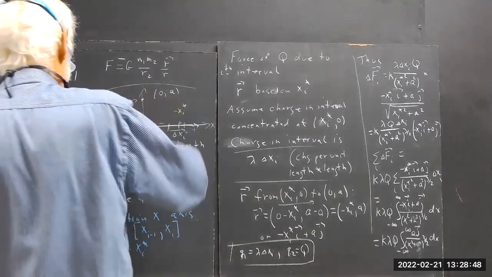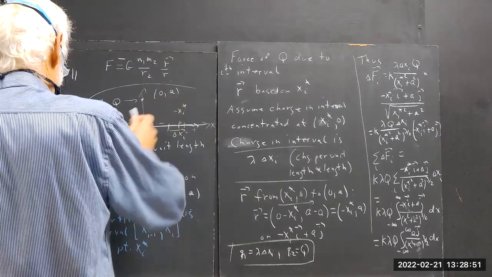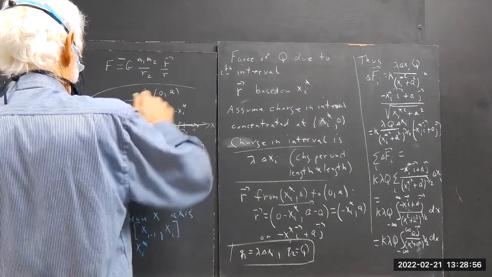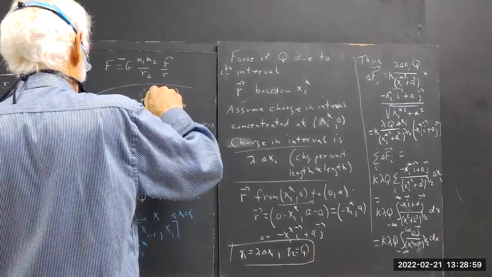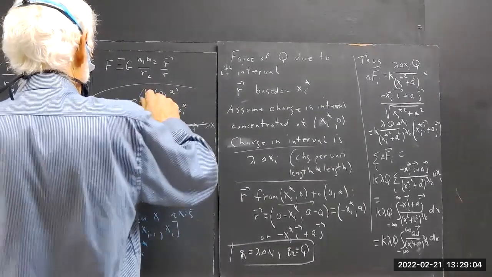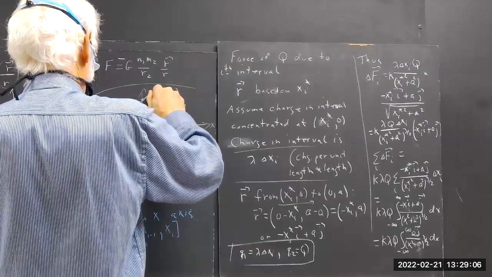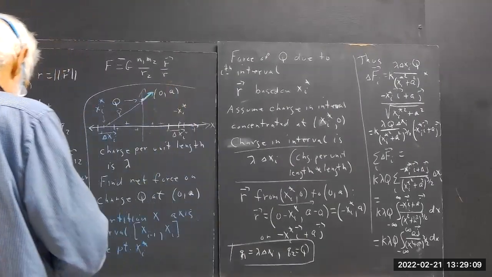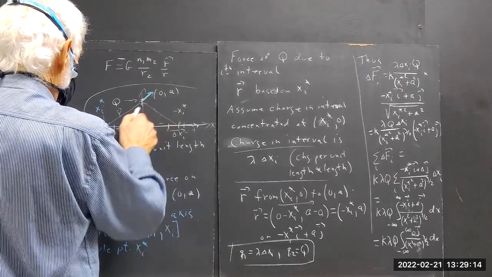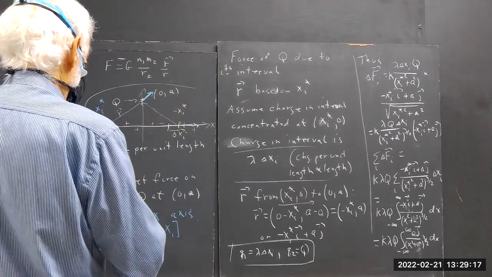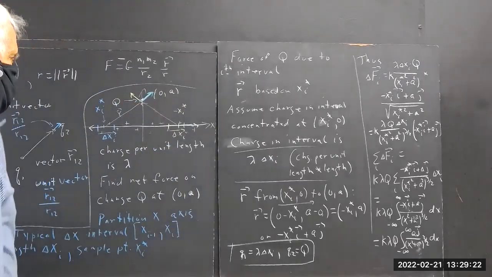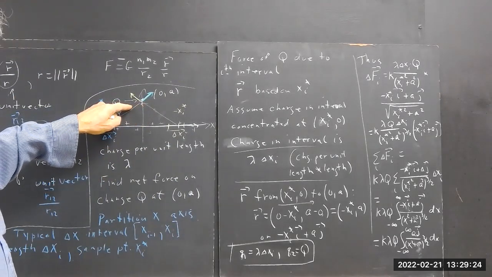Then the force that you get as a result of this R vector would be like this. That's supposed to be blue. Well, it's blue green. And the force that you get from here would be like this. And the x components will be equal and opposite.